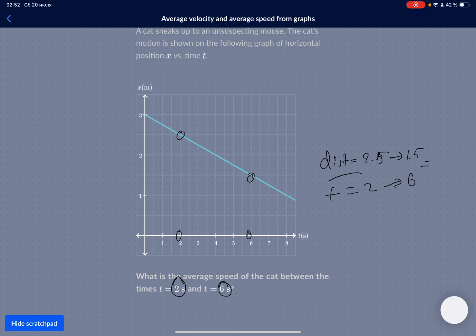So that would be 1 divided by 6. That should be positive because they're asking for a speed and we're finding a distance. So that should be always positive.